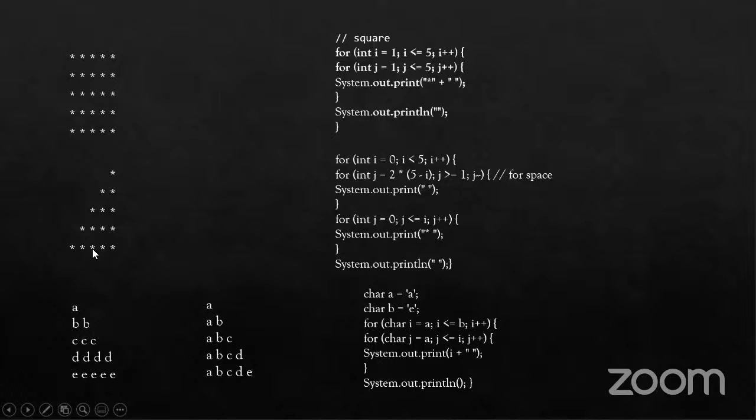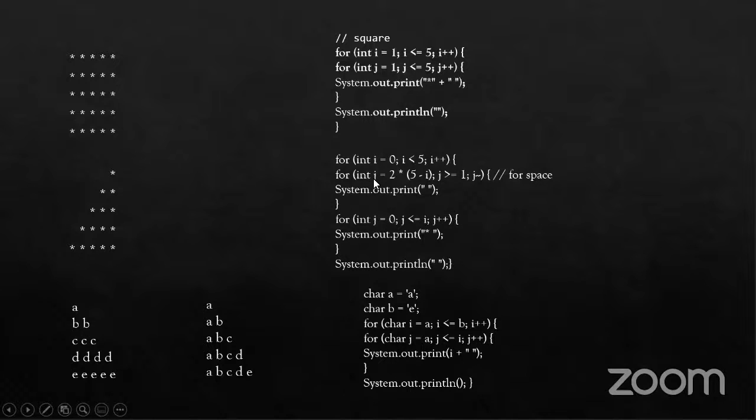So we need to have one more loop for this space also. Here the program is, first we need to implement how many columns there are. We write that first, with I equal to 0, I less than 5, I plus plus, for the number of columns.